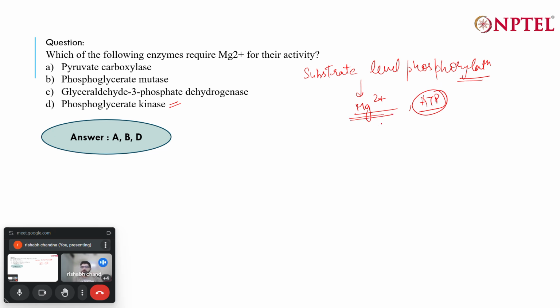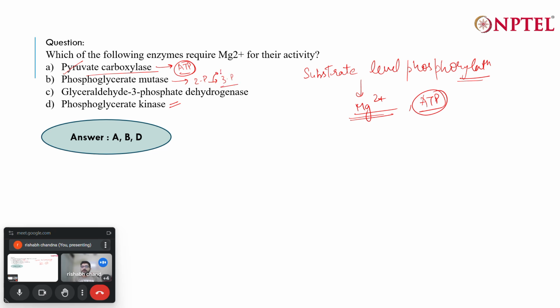Okay, so pyruvate carboxylase is conversion of pyruvate to oxaloacetate. So in that case, ATP molecule is involved. So this requires Mg2+. Then phosphoglycerate mutase is the enzyme that converts 2-phosphoglycerate to 3-phosphoglycerate. So this also requires Mg2+.